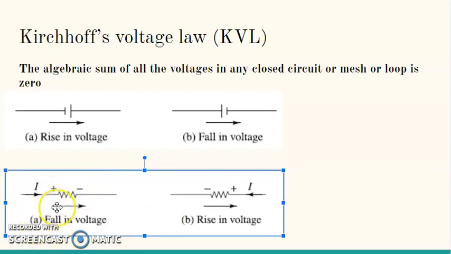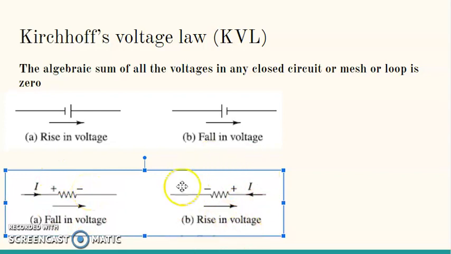But while tracing the loop for writing the KVL equation, if I am tracing in the clockwise direction and the second sign I get is negative, then while writing the equation I will take the voltage drop as minus IR.